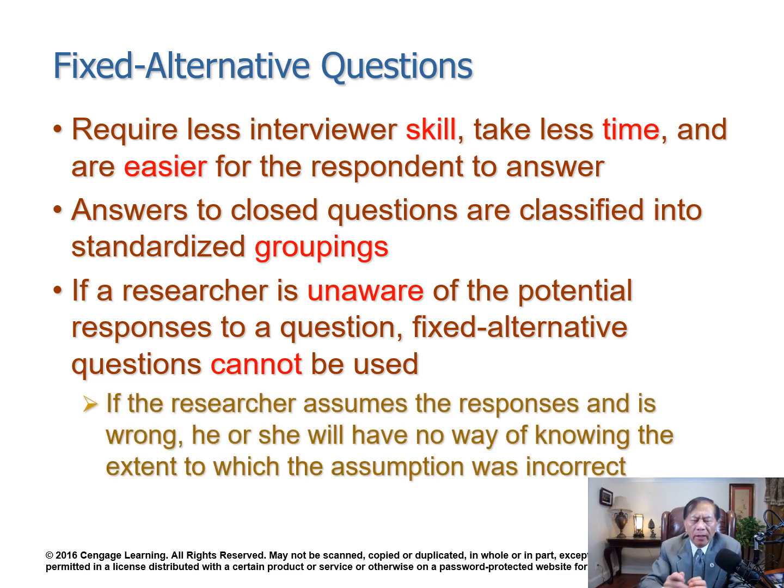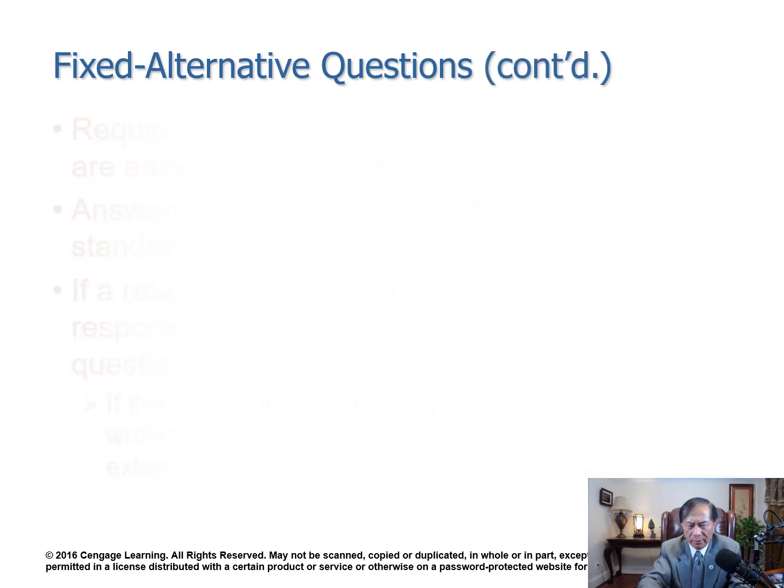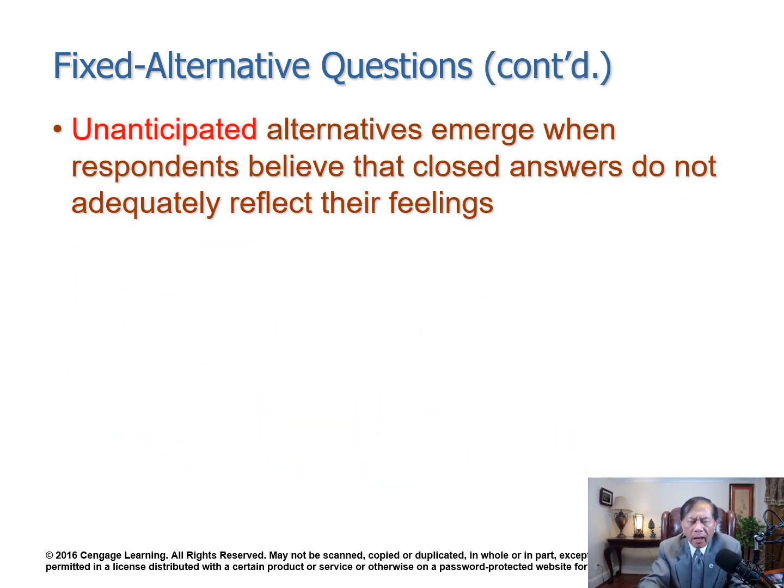Okay, if the researcher assumes the responses and is wrong, he or she will have no way of knowing the extent to which the assumption was incorrect. Okay. Unanticipated alternatives emerge when respondents believe the closed answers do not adequately reflect their feelings.